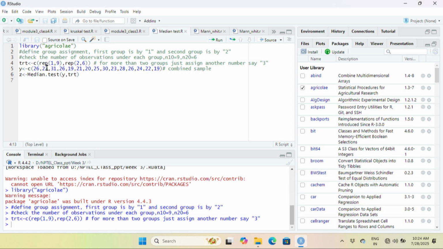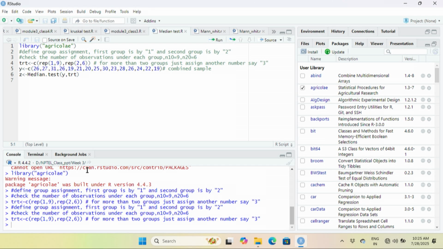So 1, 9. You see repetition. The first group will be repeated for 9 observations, 1, 1, 1, 1, like that till 1, altogether 9. And the second group will be repeated for 6 observations, right? So 2, 2, 2. Let me run it and you will understand what I am trying to say.